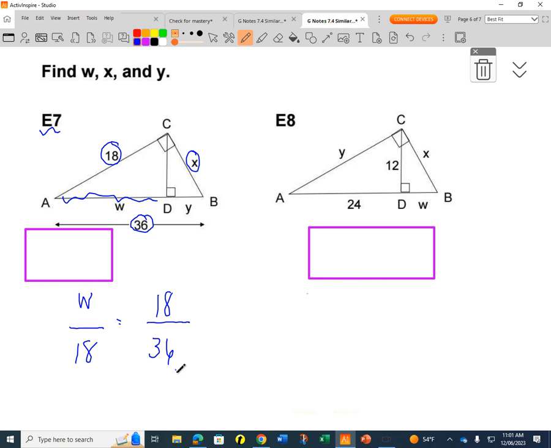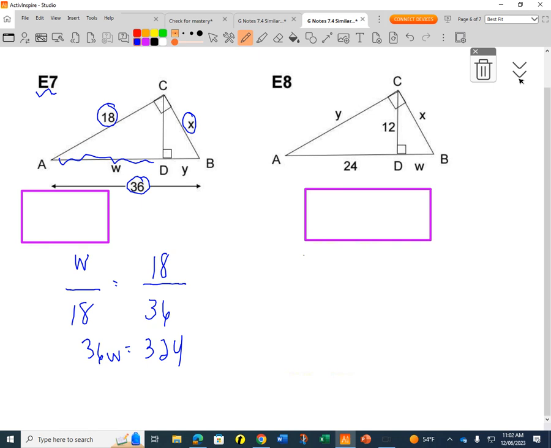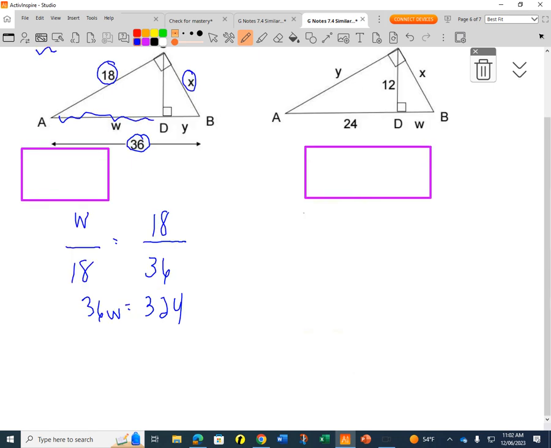So now we're going to cross multiply. 36w equals 324. And we're going to solve for w, divide by 36. And so now we know that w is 9.